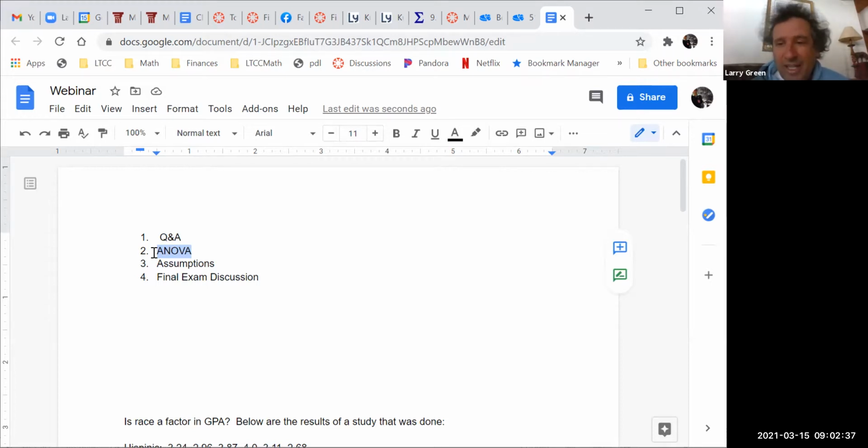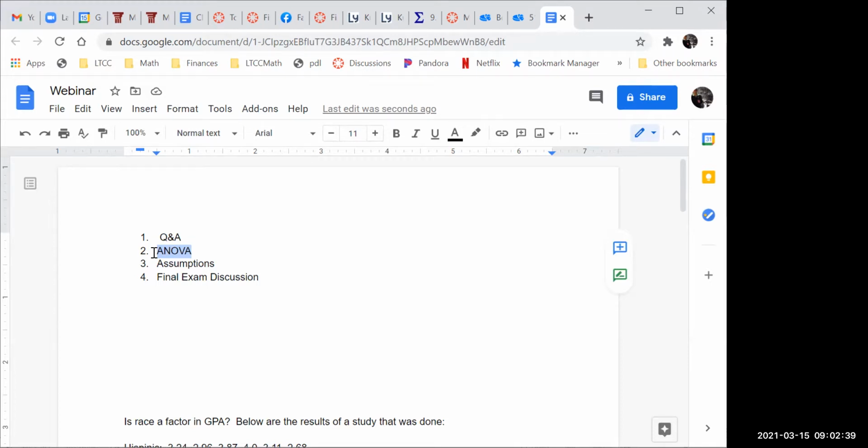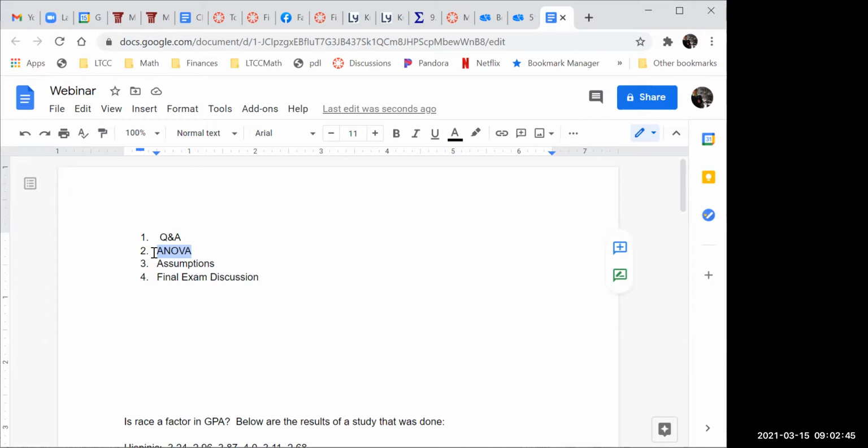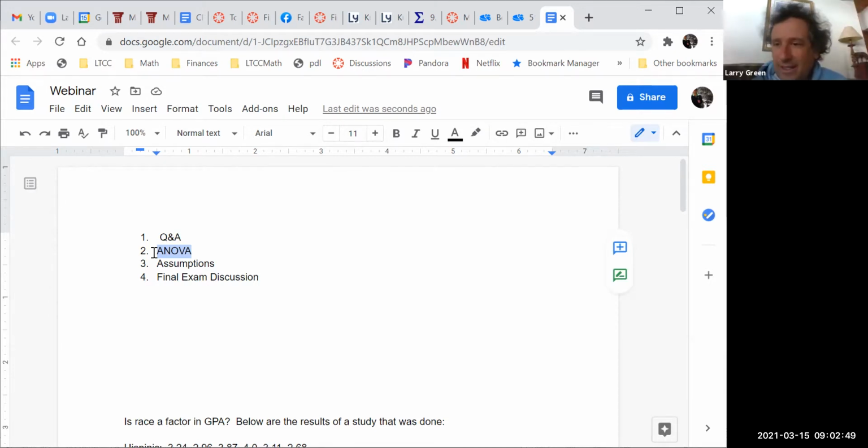But unfortunately, it's really not about variance when it comes to what we're trying to do a hypothesis test on. It's about means. It's something that we have not yet done, and we have not learned how to do that. And ANOVA is really important. So we're going to get into that and talk about how to test for many means.